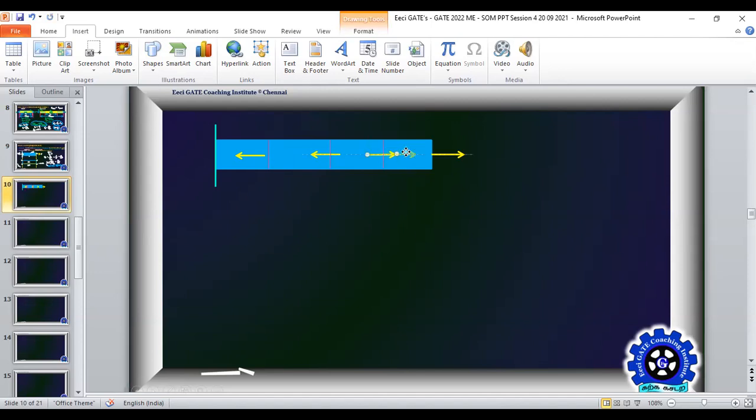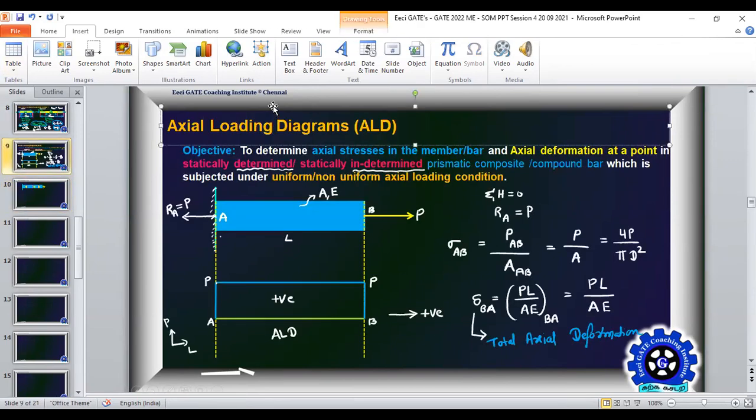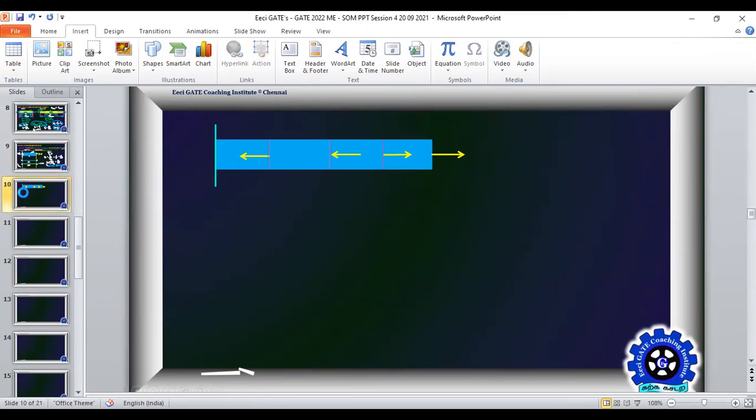That is better. One more load is acting like this. Is it okay? Understood now? You got the figure? Yes.